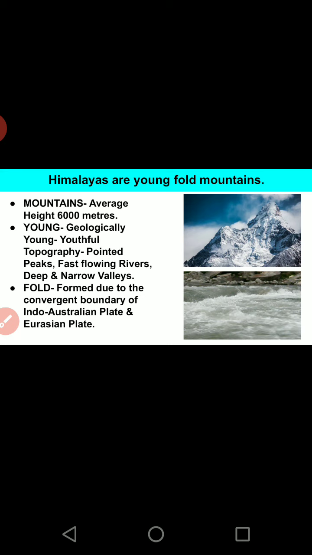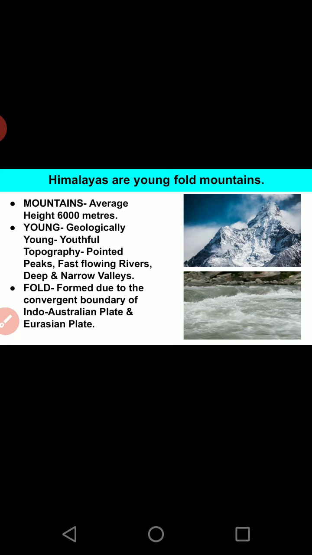So they are mountains. Why are they young? Have you seen Himalayas? Geologically they are young. How to identify that they are young? Because they have pointed peaks, very fast flowing rivers, and very deep and, on top of it, narrow valleys. Now how does this tell that they are young?